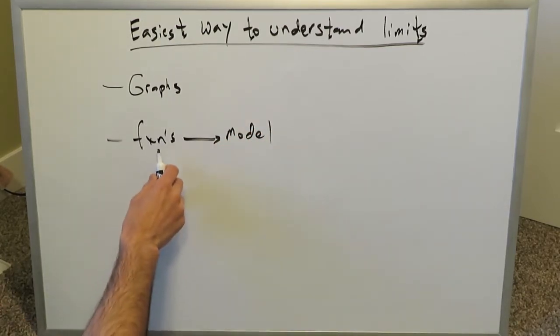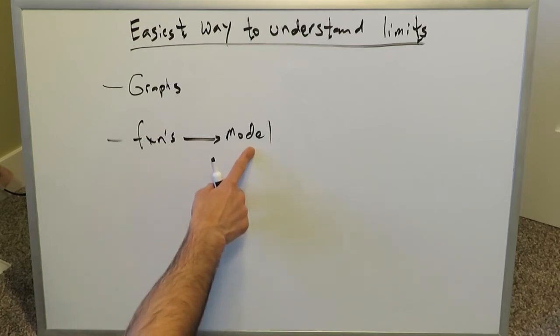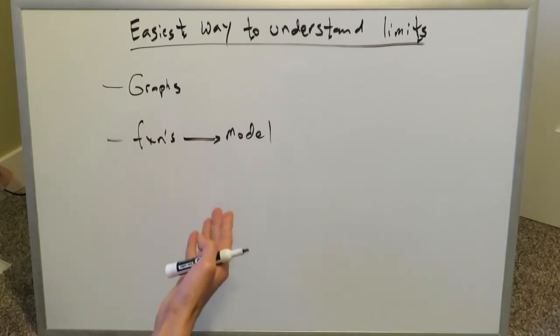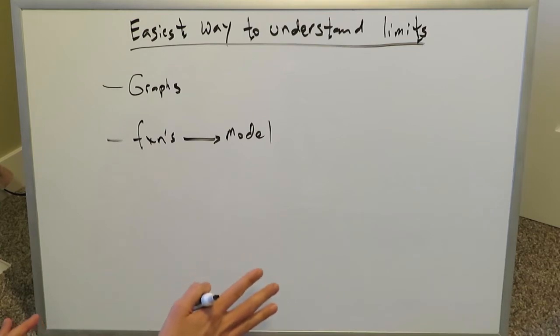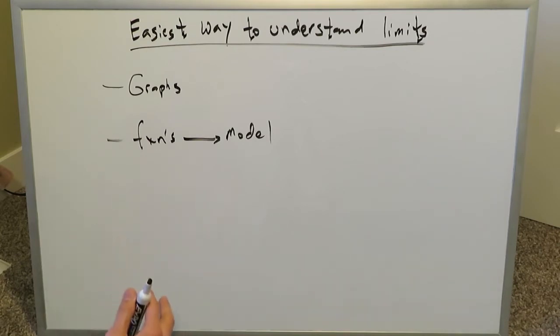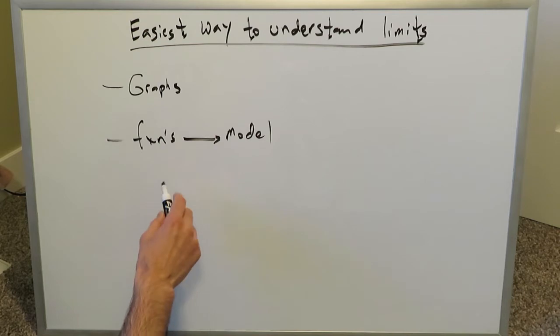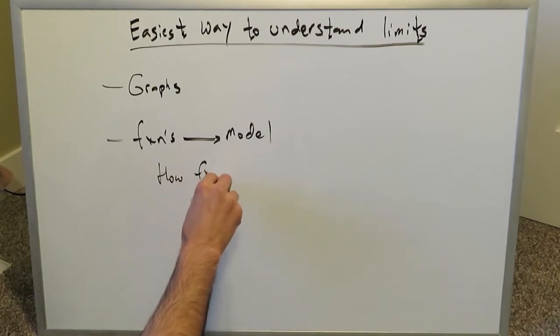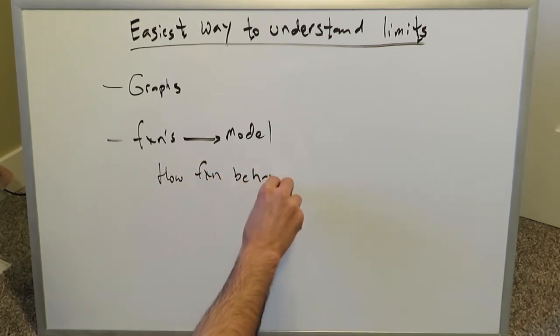And if a function which is representative of that model is studying the behavior of whatever physical, biological or chemical phenomenon, and you want to understand how that phenomenon is affected by the impact of a stimulus, that's exactly what a limit is. A limit is basically studying how a function will behave or react.